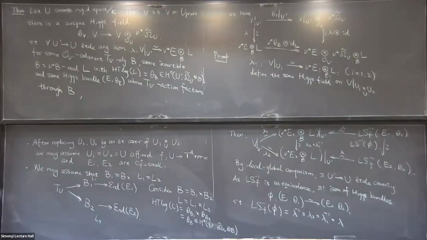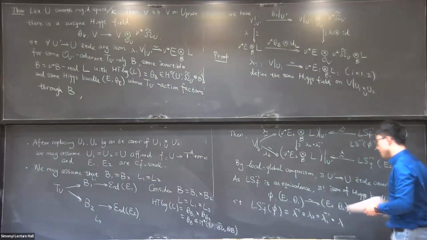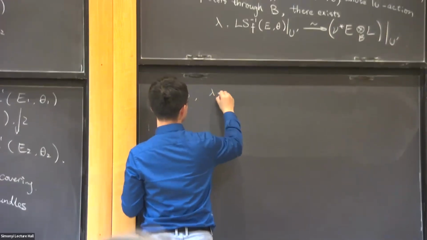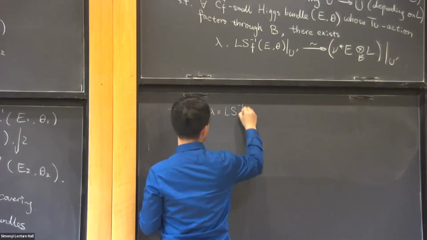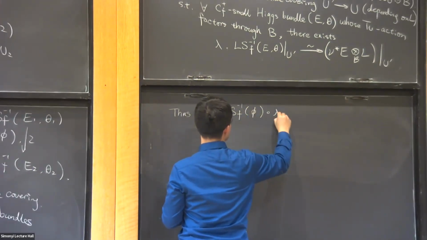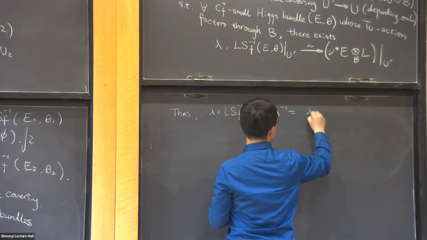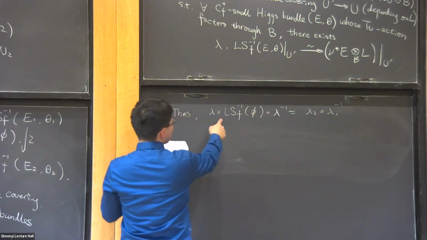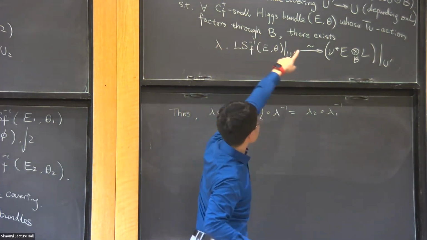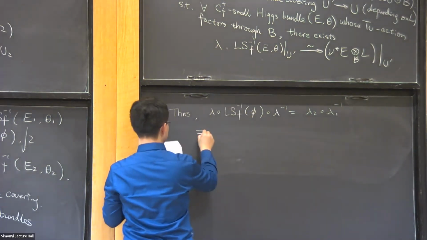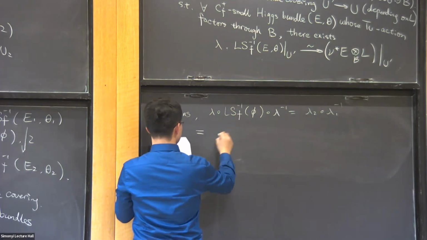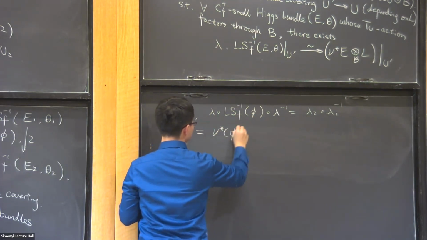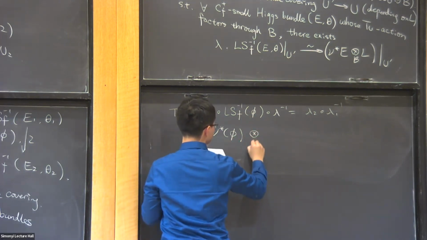Okay, so now we just make some transformation of this equality. Then we know that lambda composed with this one, composed with this one is equal to 2. Okay. Since this lambda is natural in E theta, by definition this will be just the pullback of this phi tensor.